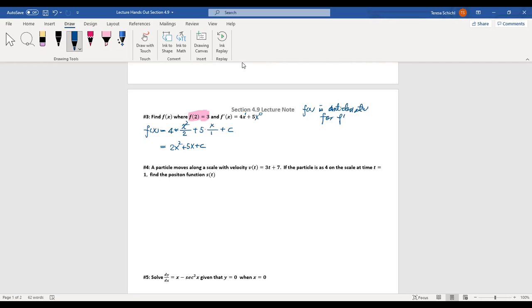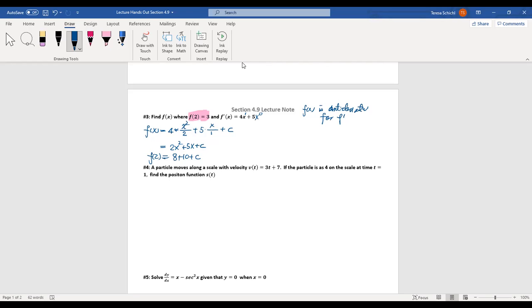And now, when they give you specific values here, let's say f of 2 equals 3. That means if you substitute 2 into f, that will be equal to 2 times 2 squared, so it's 8, plus 10, plus c.